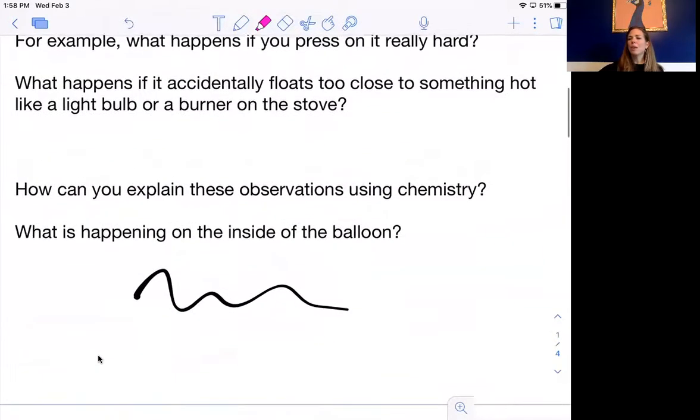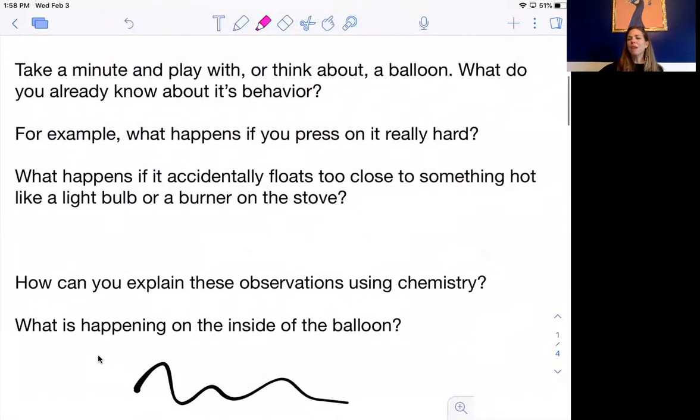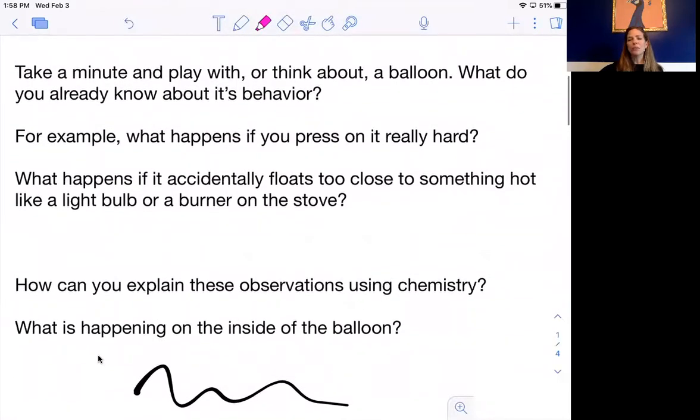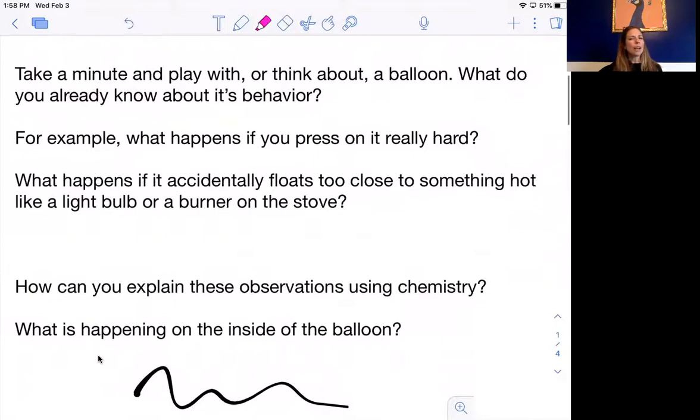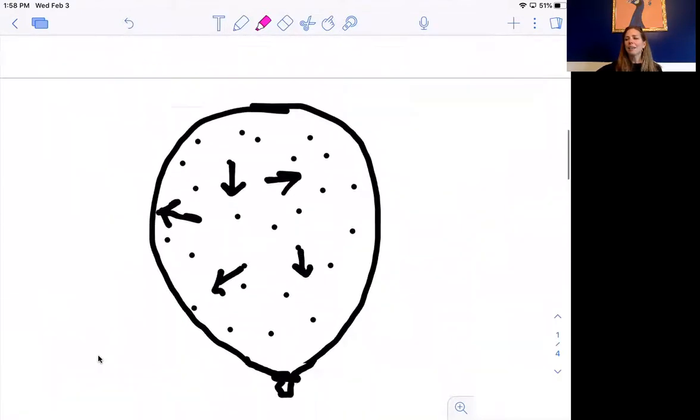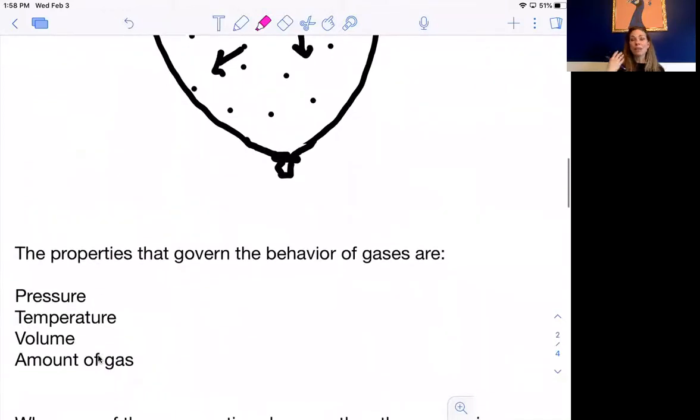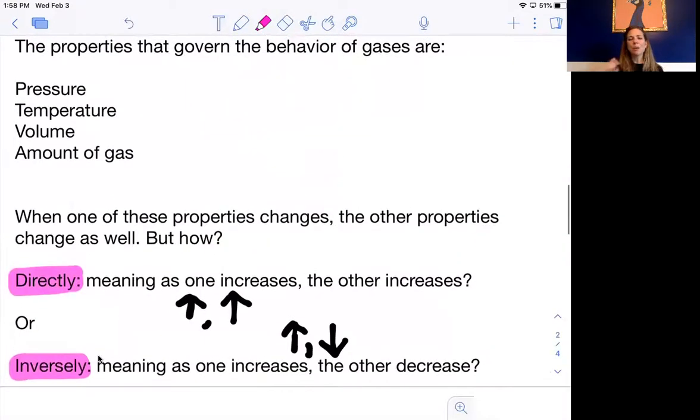Remember, I said, what would happen if I pushed on the balloon really, really hard? What would happen if the balloon floats too close to something hot? What would happen if I breathe more air into the balloon? Before we move on, I want you to try to figure out what all the relationships between these variables are.